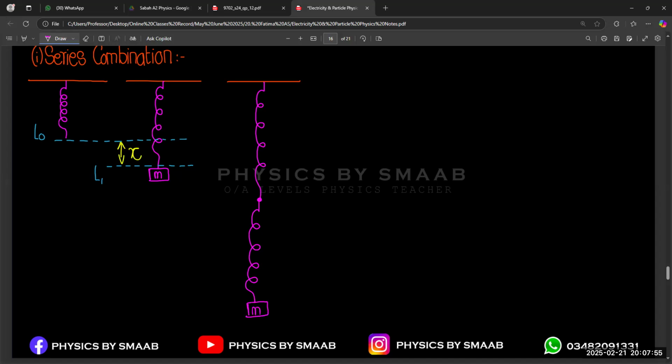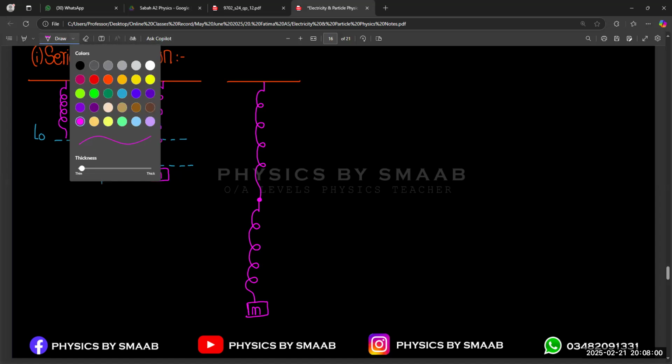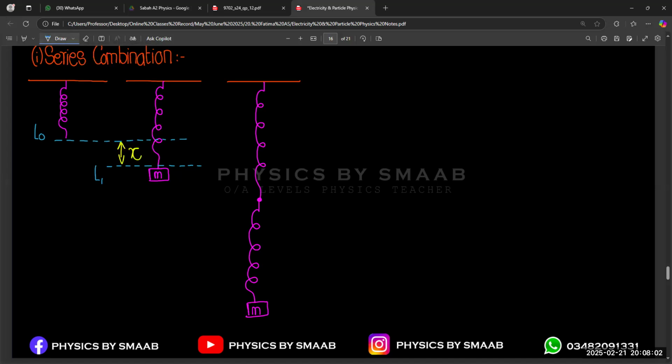So if we connect the same mass, so extension will be greater as compared to the previous case. So this is one more length, and you can compare that from the previous condition. This time we are getting more extension.